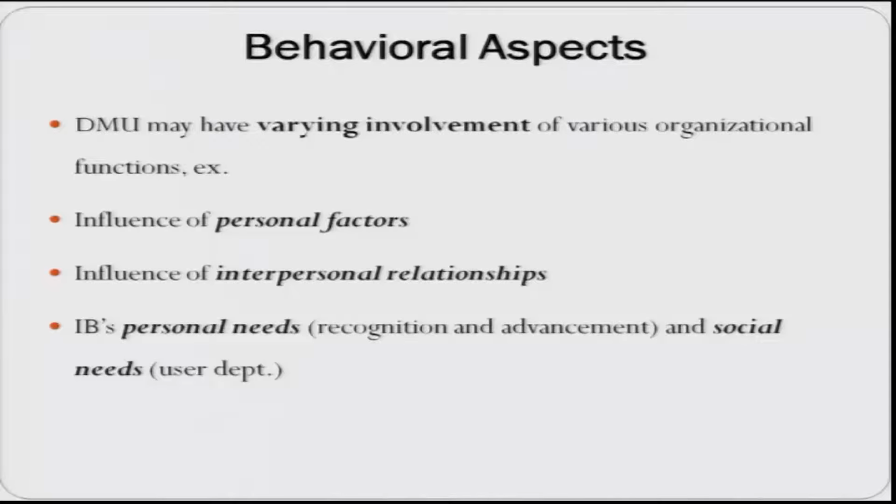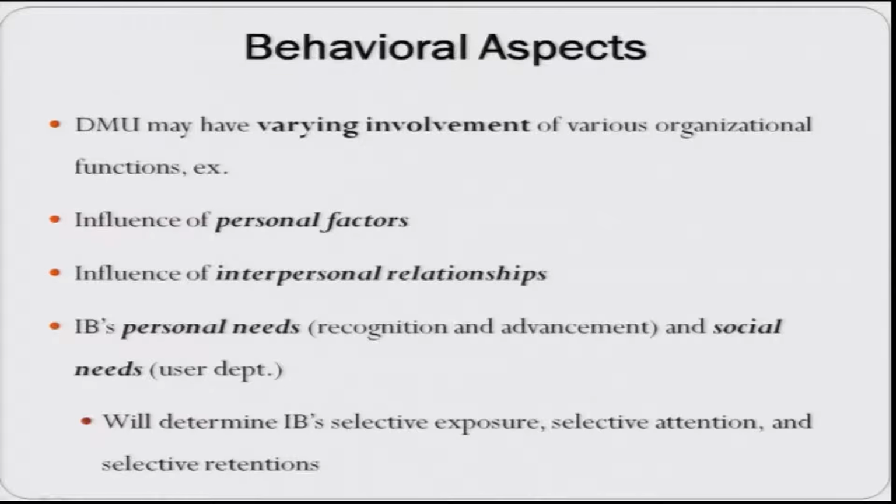You will also understand that industrial buyers' personal needs like recognition and advancement, and social needs like probably his relationship with the user department, also influence the industrial buyer behavior.